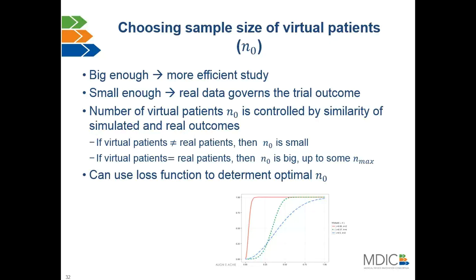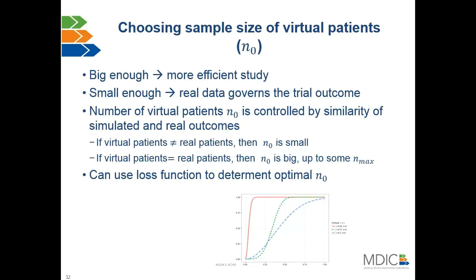So what we did was we developed this loss function that essentially says if the virtual patients and real patients don't agree, the number of virtual patients drops. And this is sort of an adaptive Bayesian trial where you take interim looks at the data and determine the agreement between the virtual and real.